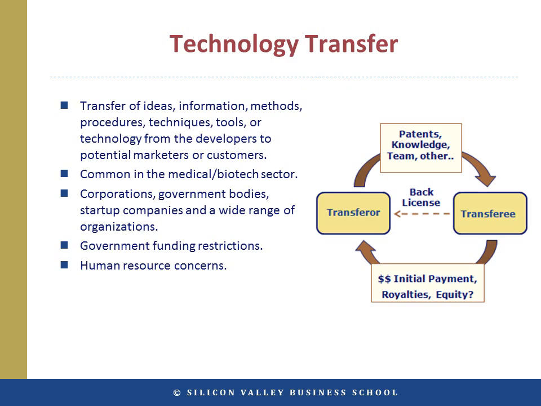Technology transfers are sometimes the source of human resource concerns for both the transferor and the transferee, as some technologies are highly dependent on a core team of scientists, researchers and engineers. The transfer process involves individuals as well as assets. The terms of the transfer, recruitment, remuneration, and other human resource issues need to be carefully managed in these transactions.